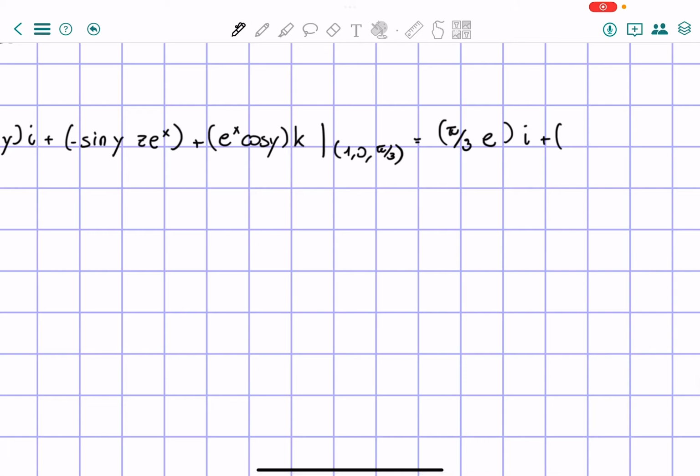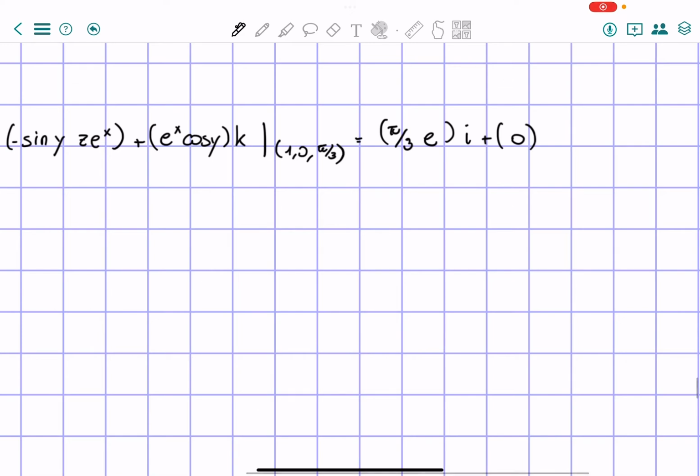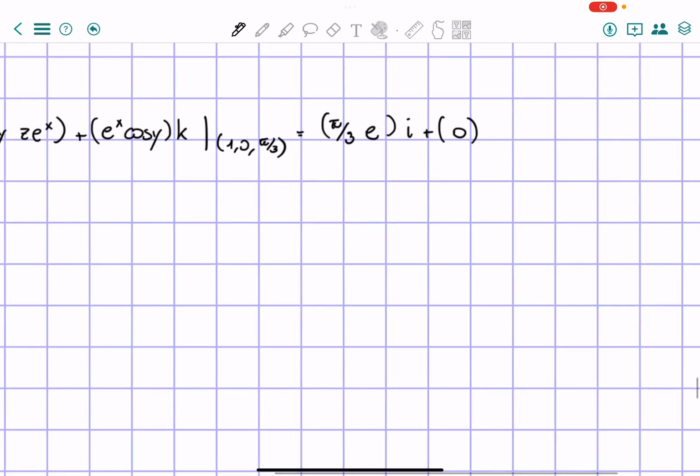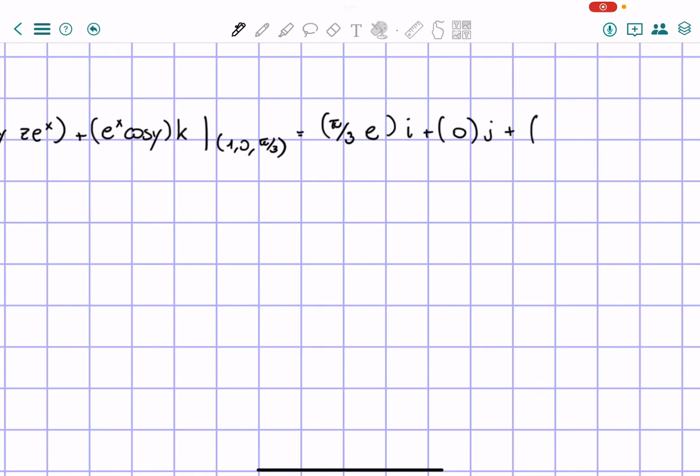Sine of y, in our case, is sine of 0, which is equal to 0, so the whole thing goes down to 0 in the j direction. Plus e to the power of x, which is equal to e, and then cosine of 0, which is equal to 1, so e in the k direction.